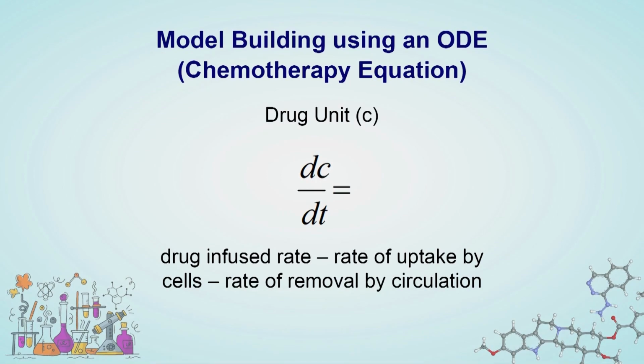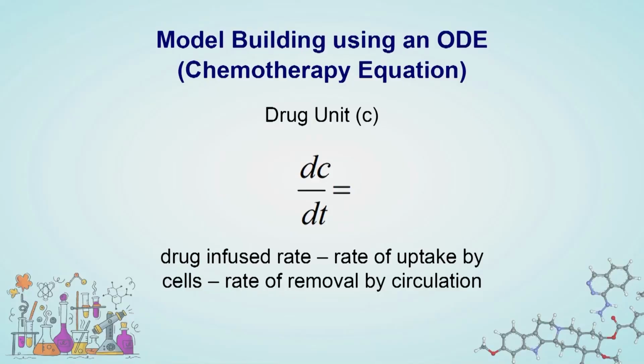This is the general curing terminology. But this general terminology is transformed into a derivative. We measure the rate of change in drug unit C with respect to time t. Then simply the derivative of C with respect to time t is dC by dt. It means measuring the rate of change in drug unit C with respect to time t.